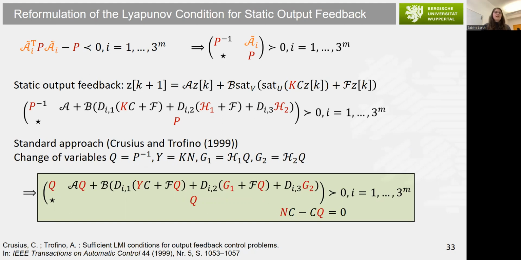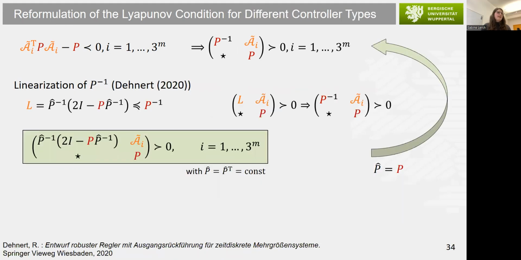So we want to find a method which can be applied for every controller type of the list. So AI tilde should stand on its own here. And therefore, we used a linearization approach. This has already been explained by Robert Dehnert in his talk in January, so I will only talk about it shortly.